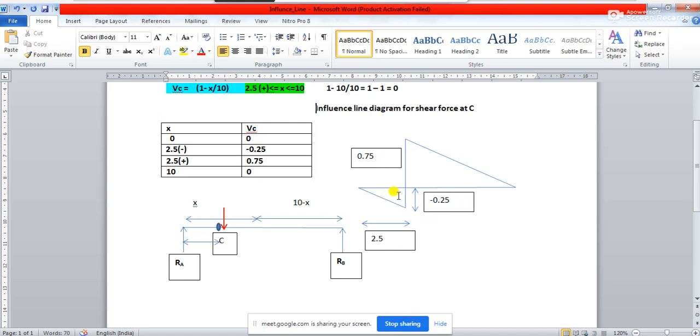See, this portion of the diagram has a negative value, and this portion of the diagram has a positive value.